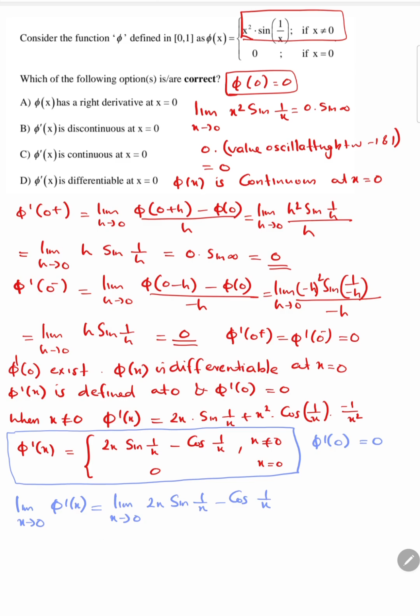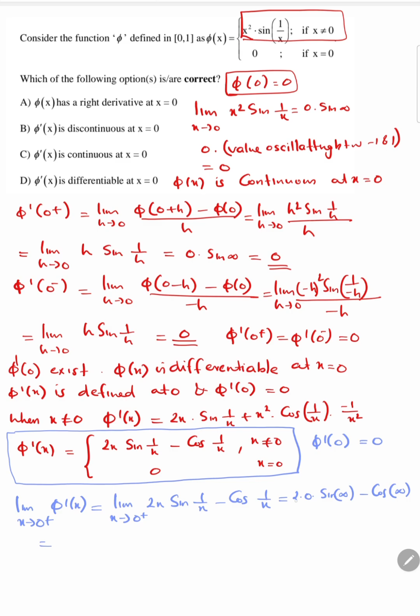When I substitute, I am getting 2 into 0 into sin 1 by 0. 1 by 0 can be either plus infinity or minus infinity. For more clarity, let me take RHL then, no problem. Then it will be plus infinity, minus cos of plus infinity. 1 by 0 plus will be infinity.